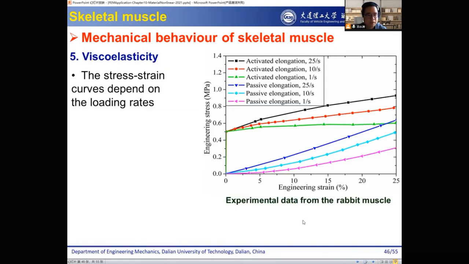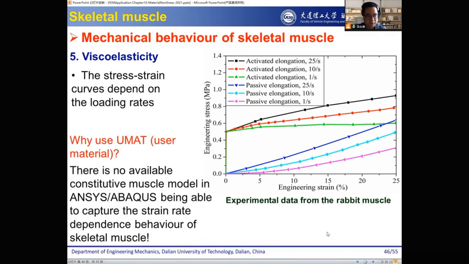And fifth is viscoelastic. Which means if we load the muscle at different loading rates, you get different curves.